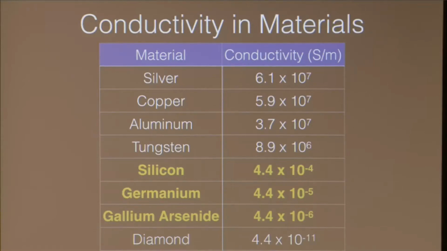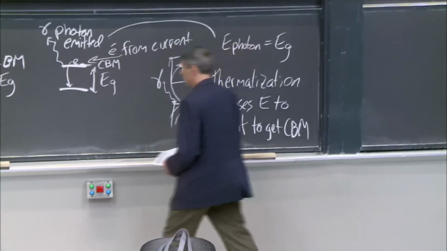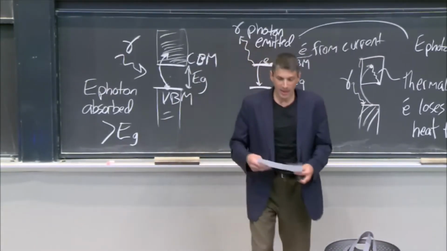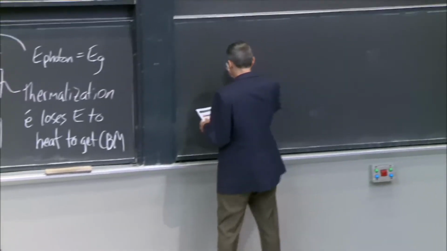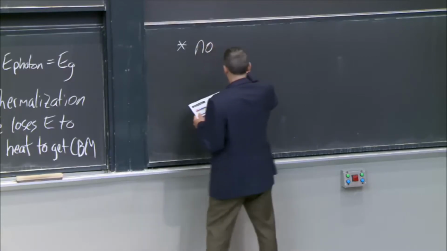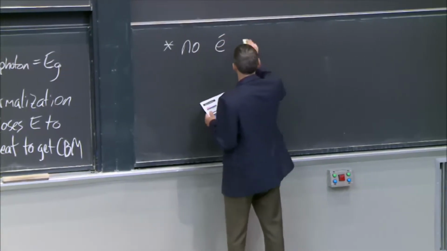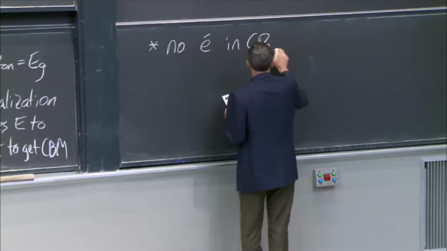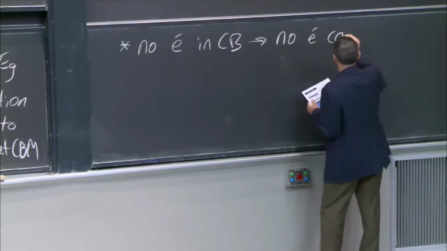That's why they're called semiconductors, right? But the fact of the matter goes back to what I've been saying. And this is the next point I want to talk about, which is I cannot have, in a semiconductor, there's no electrons. If there's no electrons in the conduction band, then there's no electron conduction.